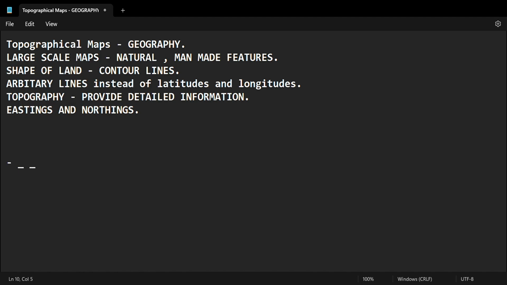Northings are this and eastings are this. So eastings and northings, and if I do this, they will form a grid square.